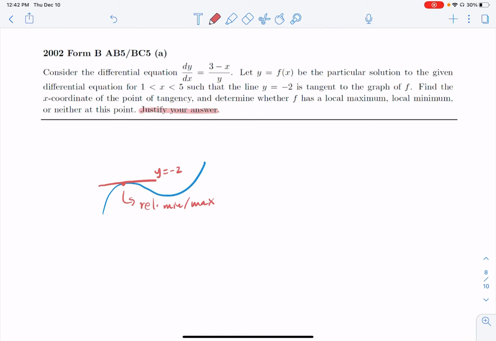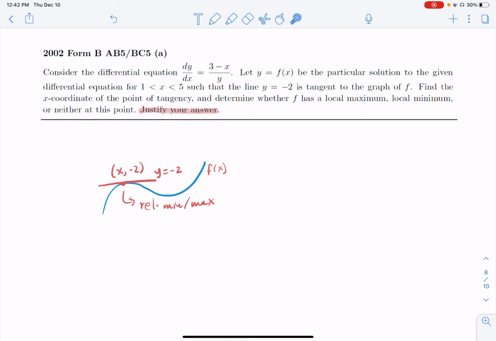Let's label this thing as f of x, whatever this thing is. So this point of tangency, I know for a fact it has an x value, which I don't know, but its y value has to be negative 2 there, because it's a horizontal line and every single y value on that line is going to be negative 2.